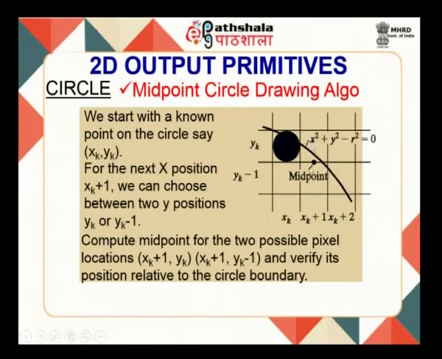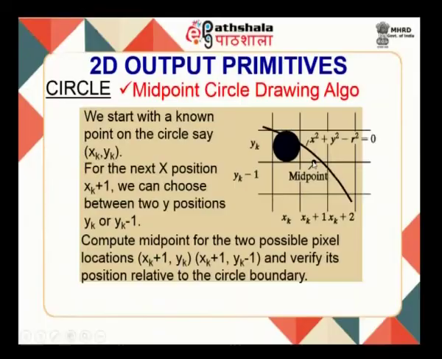That choice is based on the position of the midpoint relative to the circle boundary. For the two possible y positions, we choose exactly the middle position. This position is the midpoint.